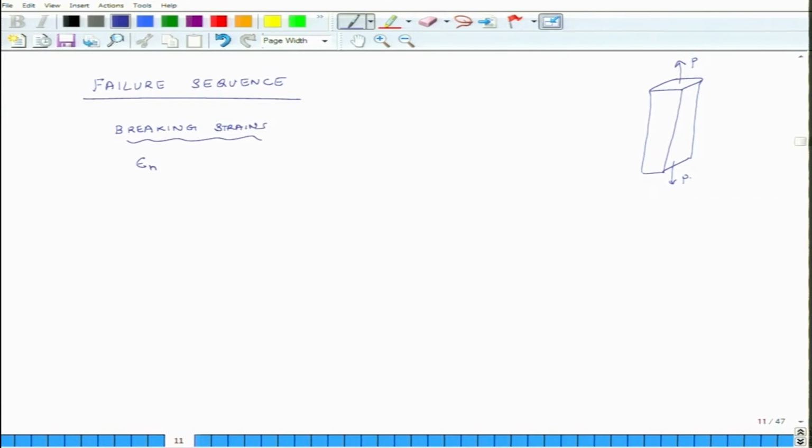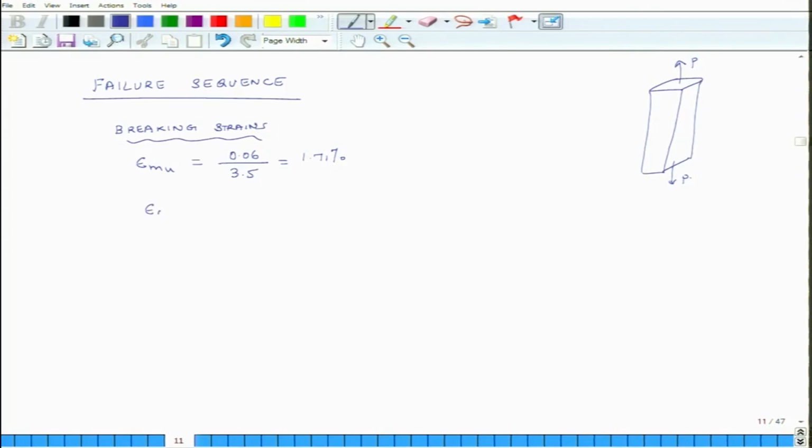So, first we compute for matrix, epsilon mu. What is its strength? Its strength is 0.06 GPa, and its Young's modulus is 3.5 GPa. So, that works out to be 1.71%.